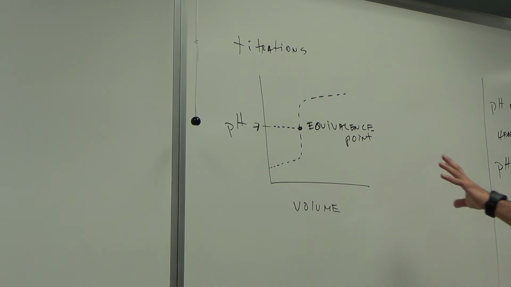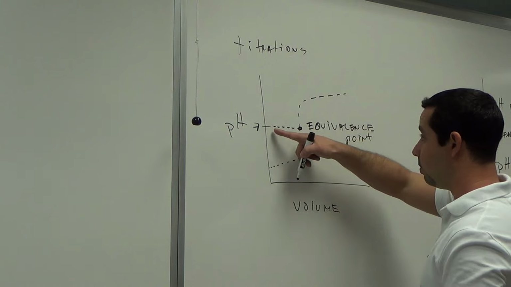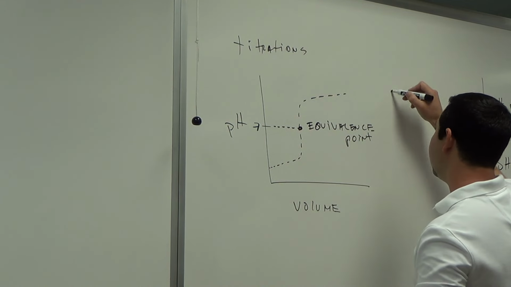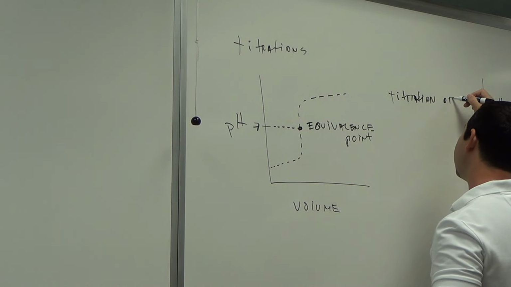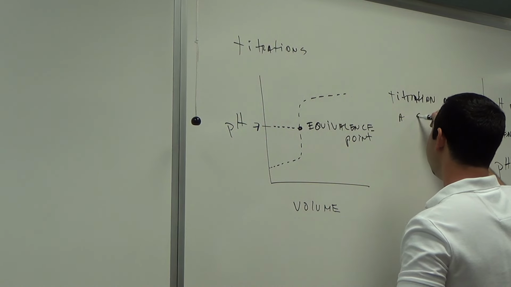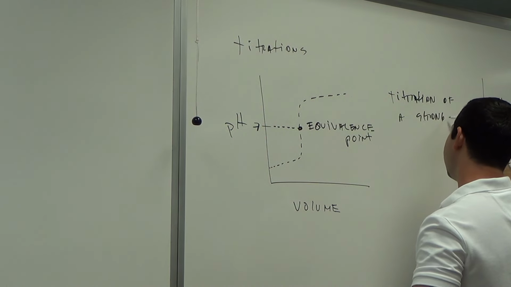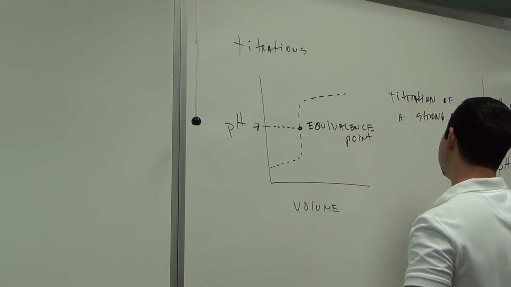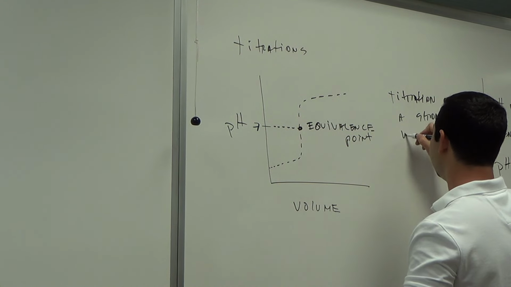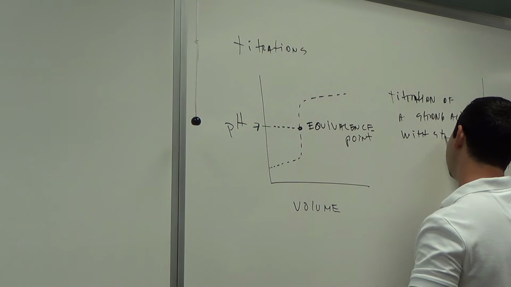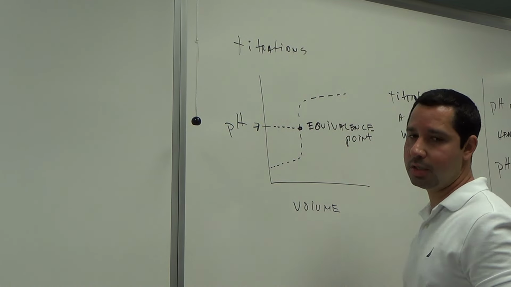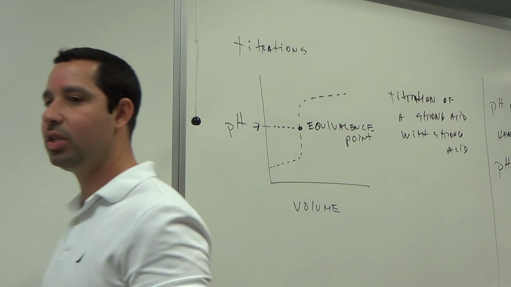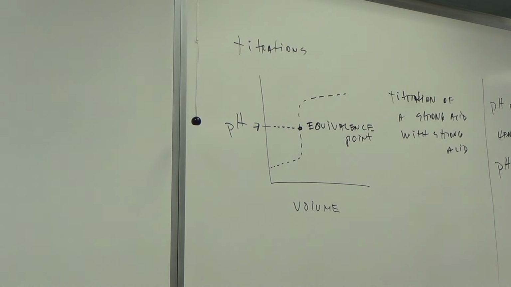So this is the titration when the pH is equal to 7. This is the titration of a strong acid with a strong base. So let's say strong acid with strong base. Or we can say strong acid versus strong base titration.